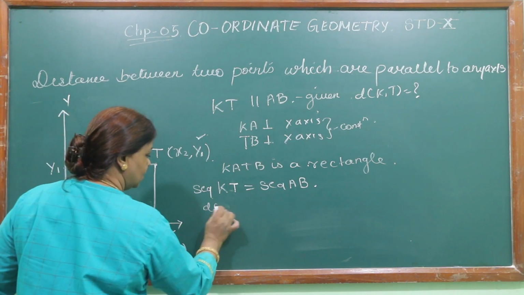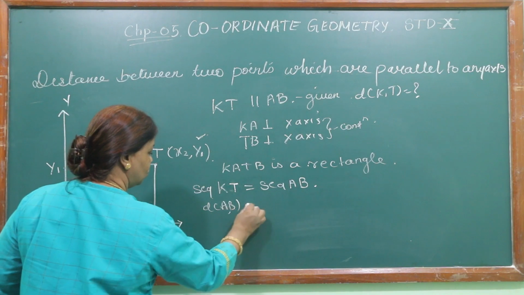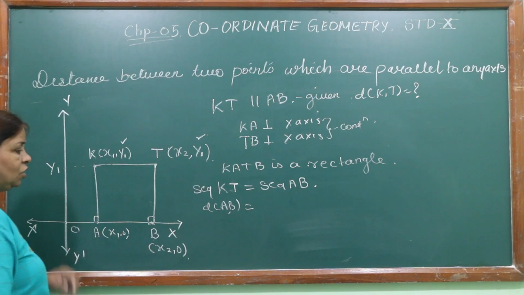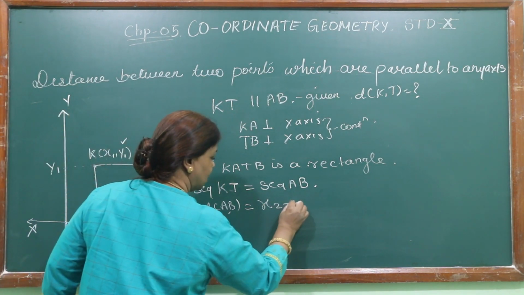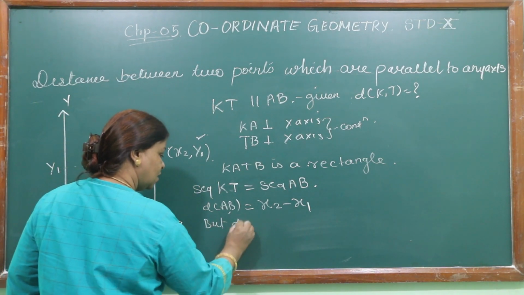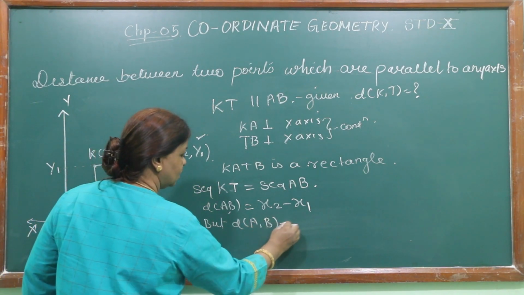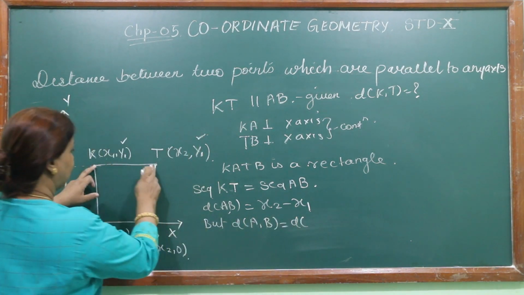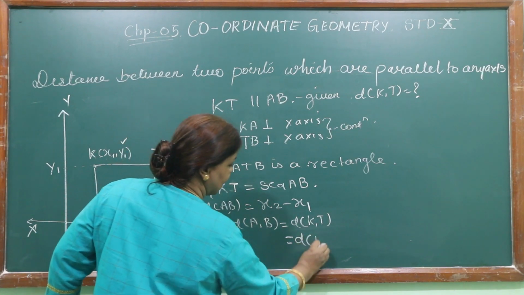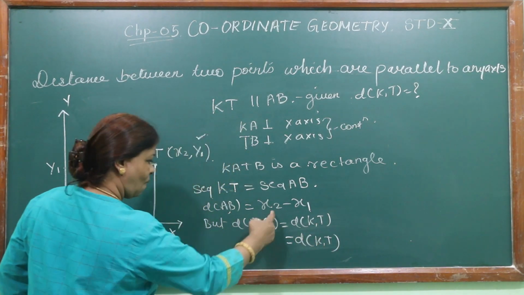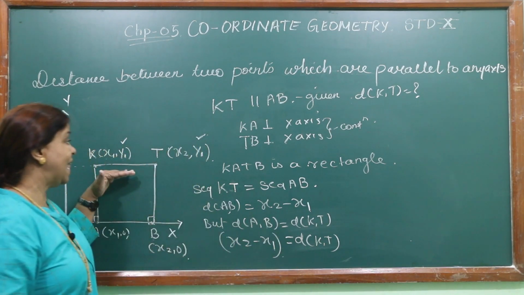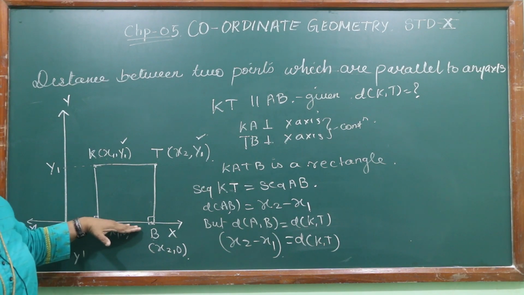Distance AB will be equal to larger coordinate minus the smaller coordinate. It will be x2 minus x1. But distance AB is nothing but distance KT. So therefore distance KT will be equal to x2 minus x1. This is when line is parallel to the x-axis.